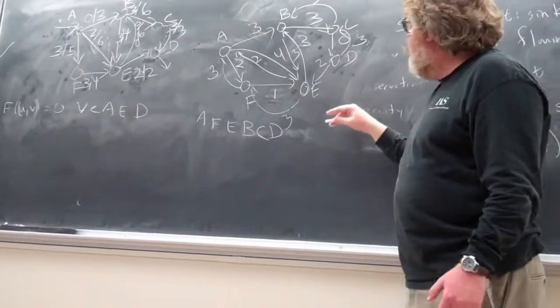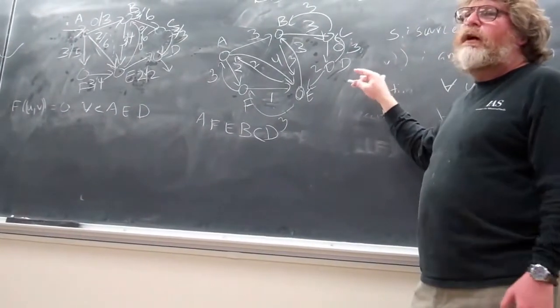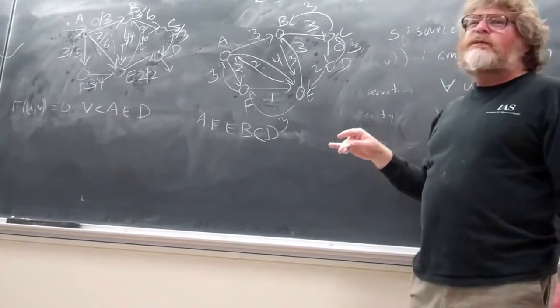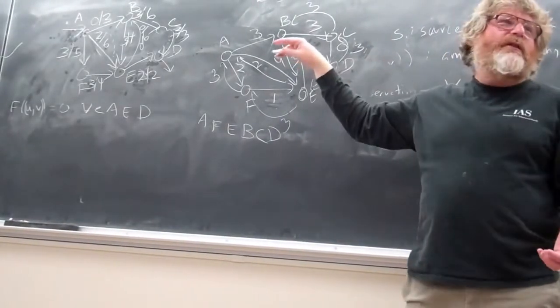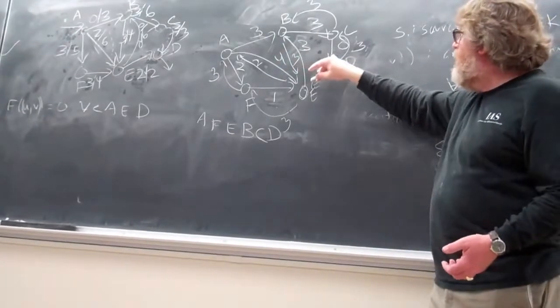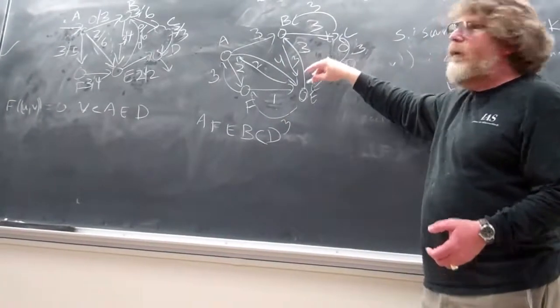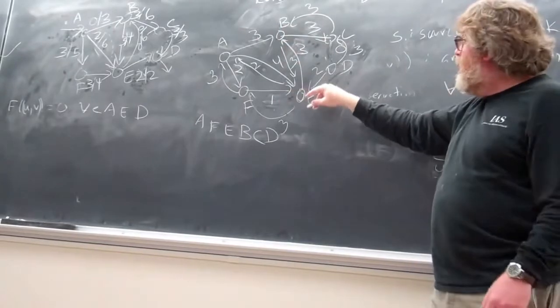So when we do this, and now we're trying to find a better flow, what's going to happen? There's no path to D. In fact, there's no edges coming into D anymore at all. This one got removed because it was used to full capacity. This one got removed.